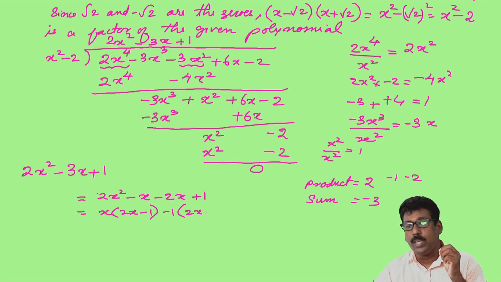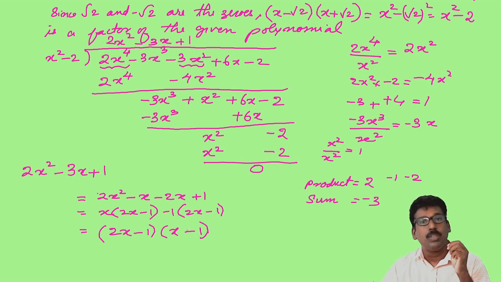Then 2x minus 1, because minus 1 into minus 1 is plus 1. Now 2x minus 1 is common, and x minus 1 you get. That is 2x minus 1 into x minus 1 is 2x square minus 3x plus 1.